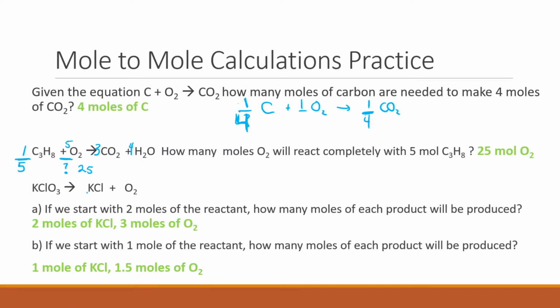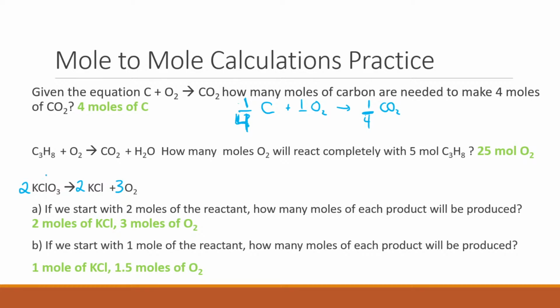Now for this third problem. It's worded in a way that's a little bit different than we might have been used to. When we balance the equation, we get 2, 2, and 3.